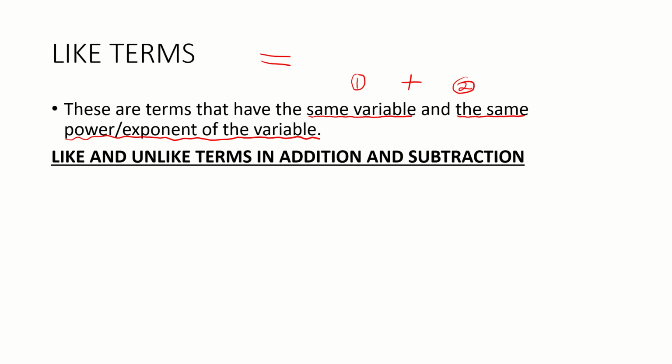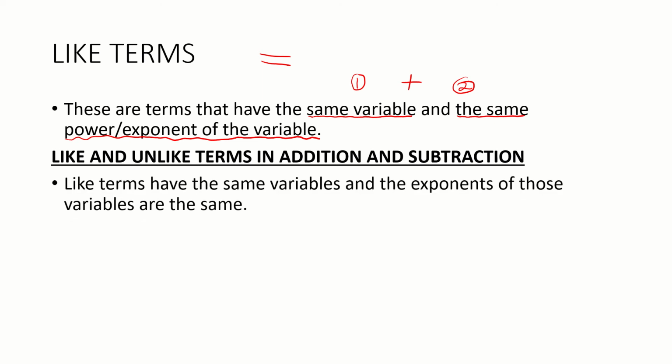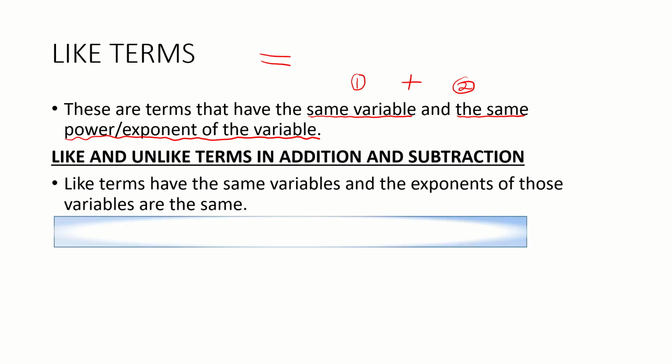Now, how do we deal with the addition and subtraction of like and unlike terms? As I've said, like terms have the same variable, and the exponents of those variables must be the same. Identify like terms here.